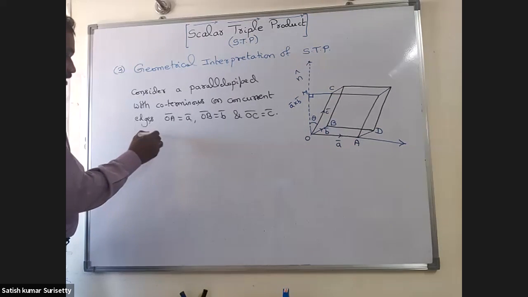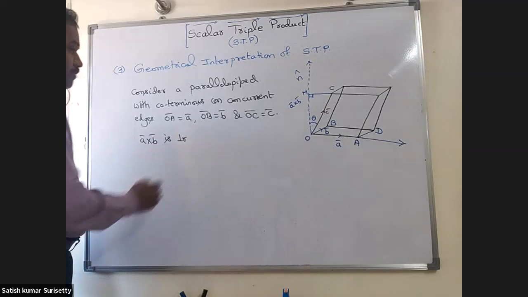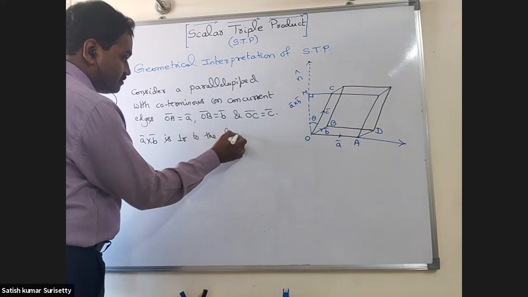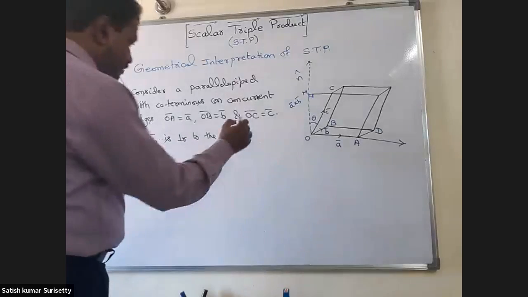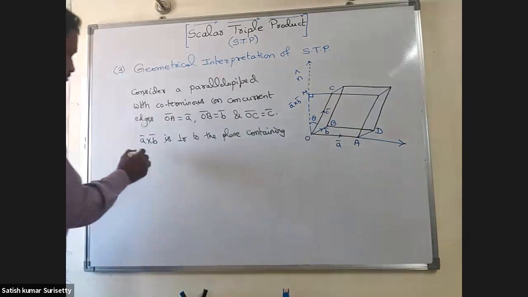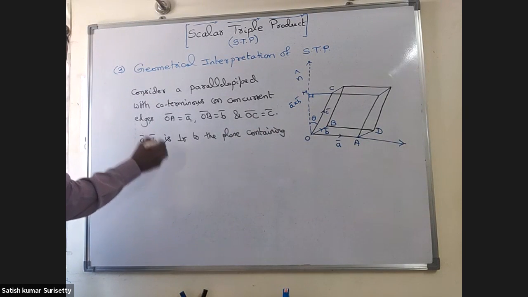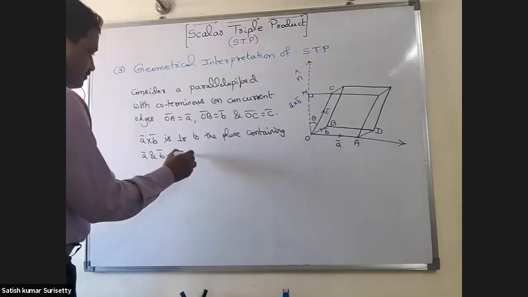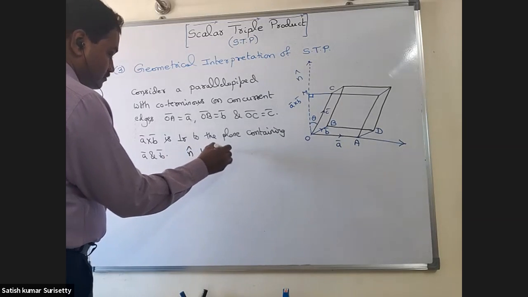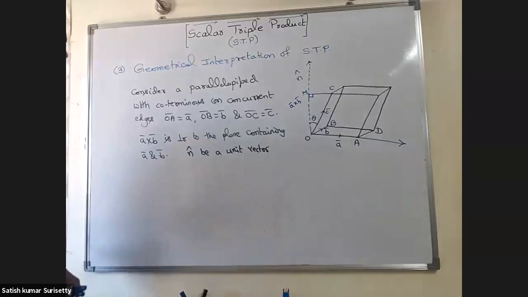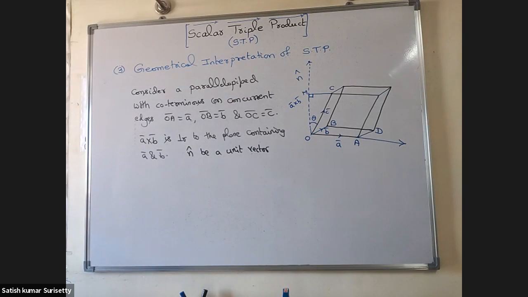A bar cross B bar is perpendicular to the plane containing A bar and B bar. Let n cap be a unit vector in the direction of A bar cross B bar.